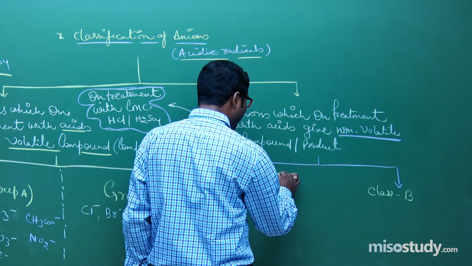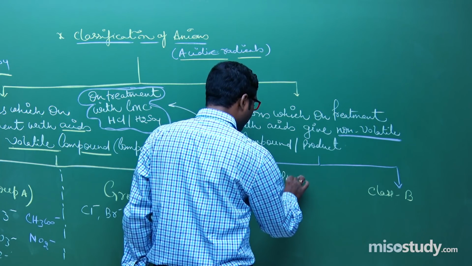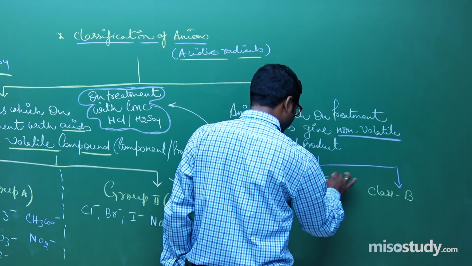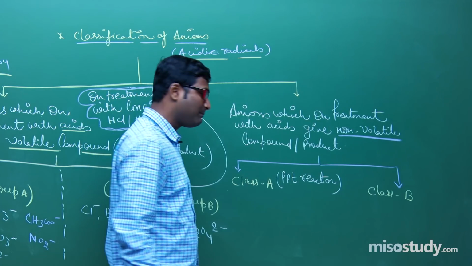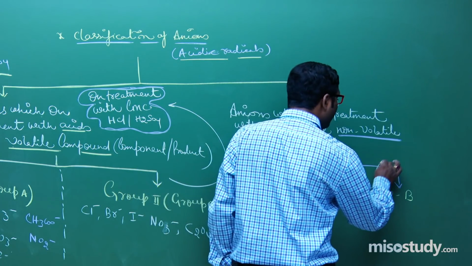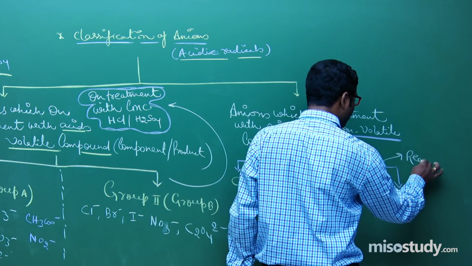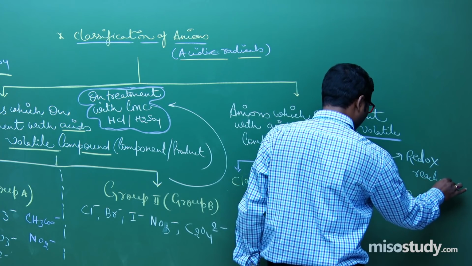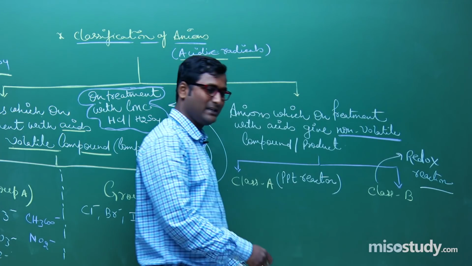Class A radicals, anions, give a PPT reaction, a precipitation reaction. And class B gives a favorable redox reaction, that is, I am talking about oxidizing and reducing agents.